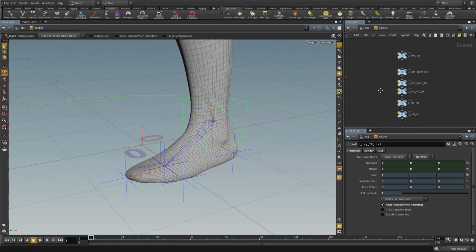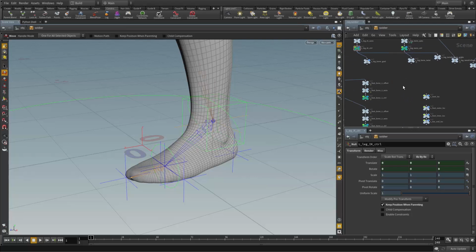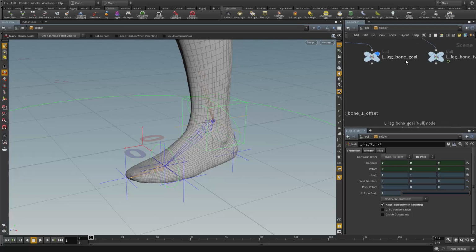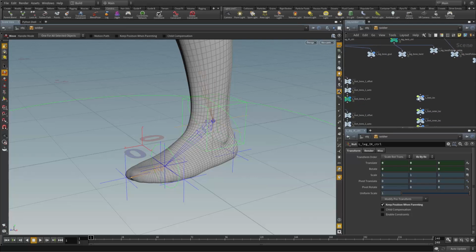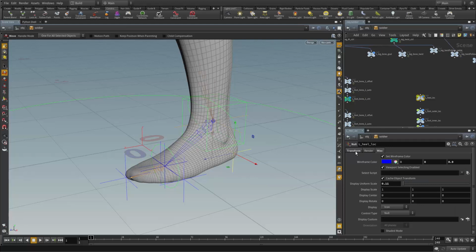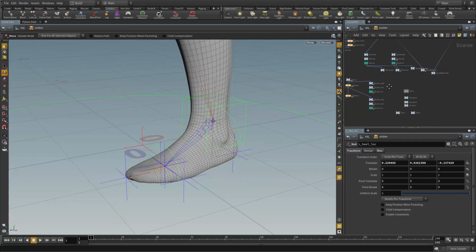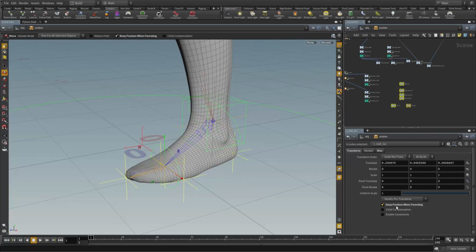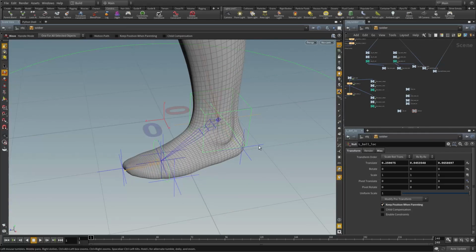So the hierarchy we're going to make is essentially in this order. The toe and ball are going to be in the same level. But let's move this leg bone goal aside for a second. We're going to take our left heel location, and we're going to grab all of these actually, and make sure that keep position when parenting is on, because we've established their locations, and now we just want to rearrange them in the hierarchy.